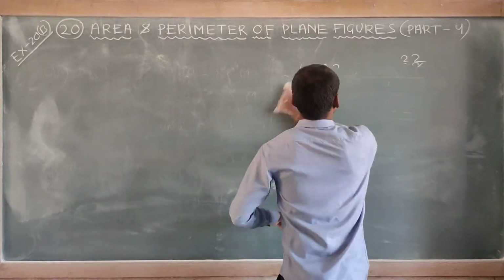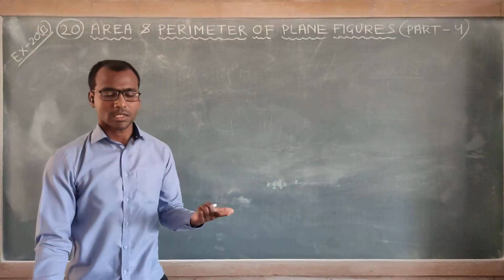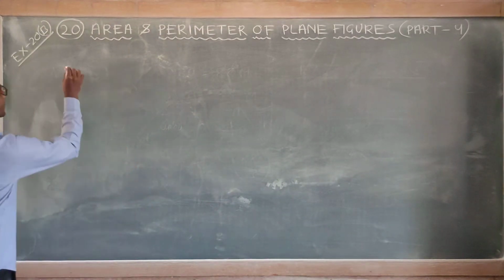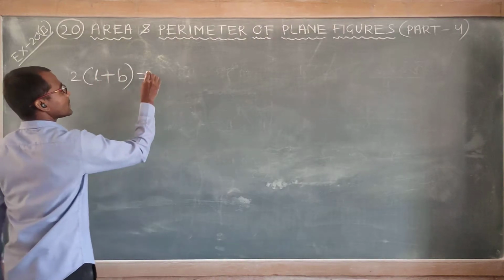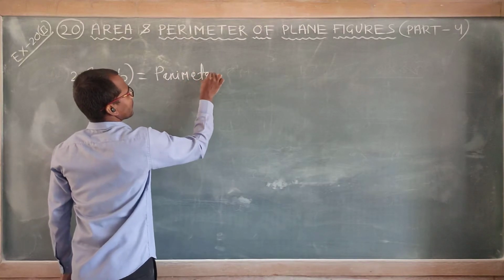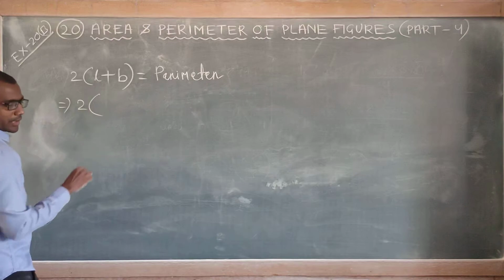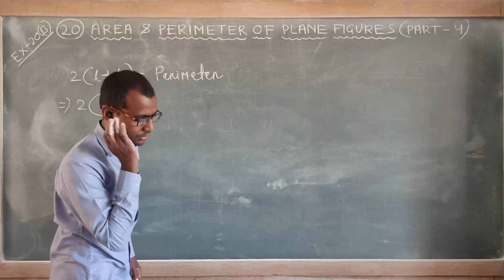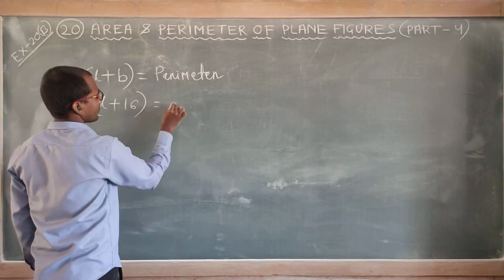Length of wire will not change. That is 88 meter will not change. The perimeter of the rectangle will also be 88 meter. Okay. 2 whole L plus B is the perimeter. Okay, rectangle. Length is not given. Breadth is given, 16.